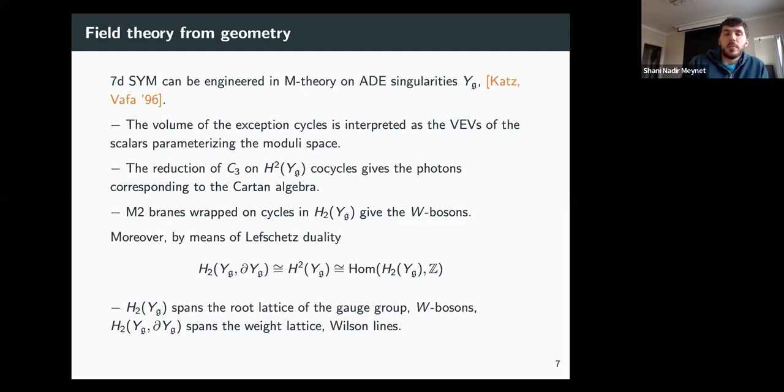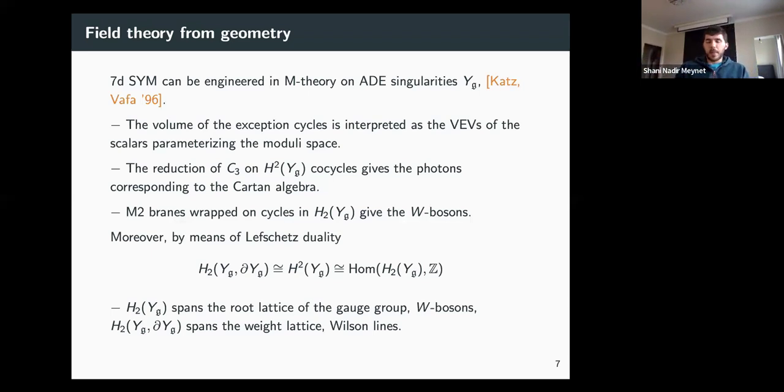This allows us to make the correspondence between the root lattice of the gauge group, corresponding to the W bosons, which is encoded by the cohomology of the resolved geometry, and the weight lattice, which captures instead the Wilson lines of the theory.